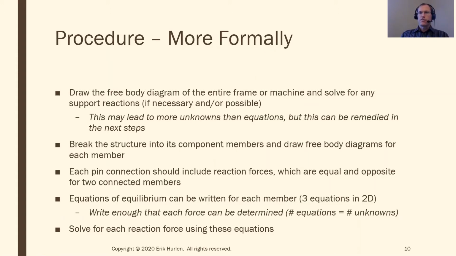Then again, you have a certain number of unknowns, a certain number of equations, essentially 3 for each member in 2 dimensions. And so write down as many equations as you need to solve for as many unknowns as you have, and then basically just solve those equations for each unknown.